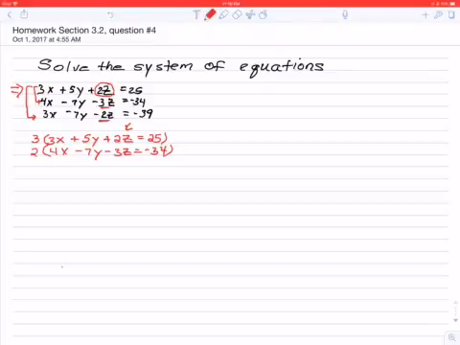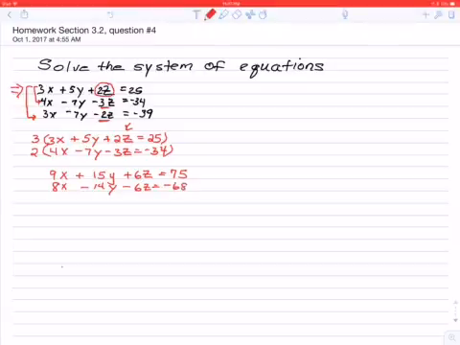So I'm left with 9x plus 15y plus 6z equals 75. And in the second equation, I get 8x minus 14y minus 6z equal negative 68.